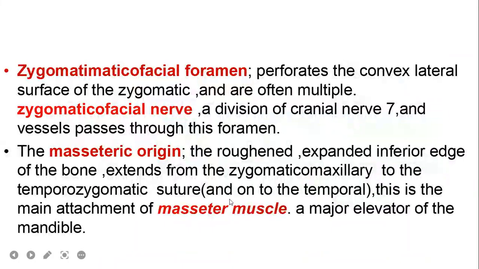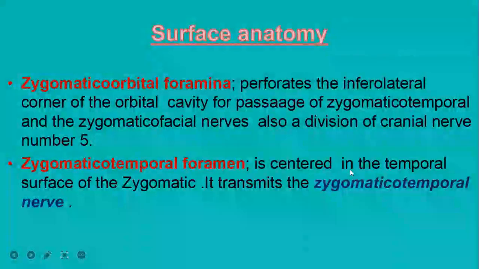We have the roughened expanded inferior edge of the bone that extends from the zygomaticomaxillary to the temporozygomatic suture, and this is the main attachment of the masseter muscle, which is a major elevator of the mandible. So that's all about the masseteric origin.